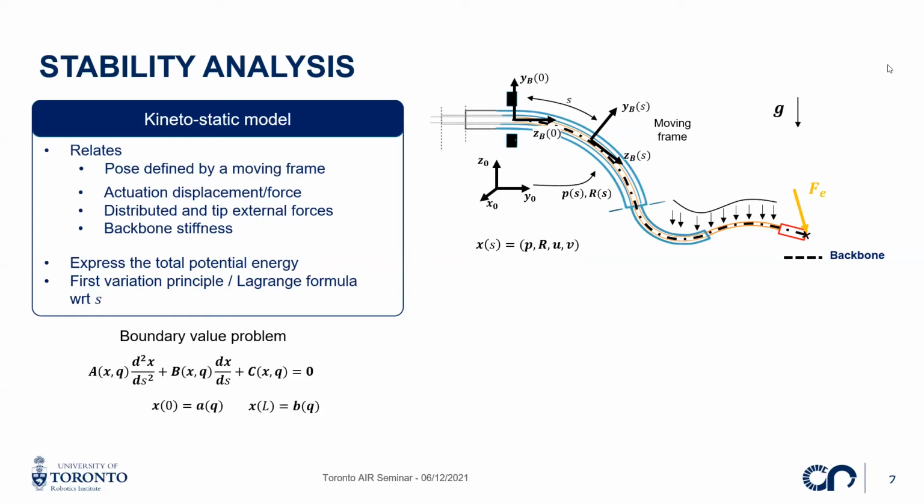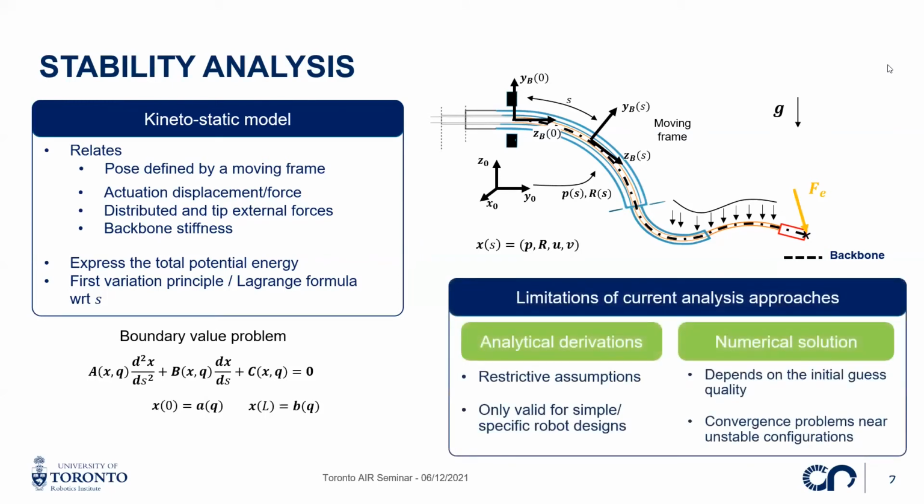In general, it's not possible to solve these equations analytically, and very difficult to analyze them analytically. So there are two different approaches currently to analyze stability, which is either to still try to do analytical derivations, but considering quite restrictive assumptions on the robot design. And so the results you obtain are specific to these robot designs.